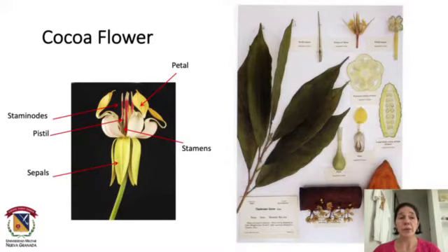Let us talk some about the cocoa flower. Cocoa flower has 5 whorls of organs, including staminodes. But I'm going to take a little minute of your time to talk about the petal shape.